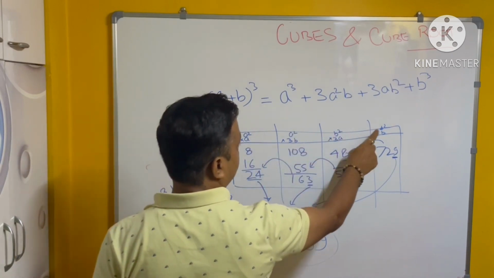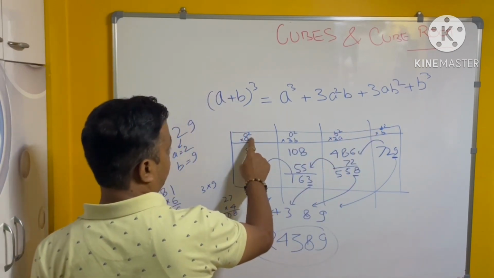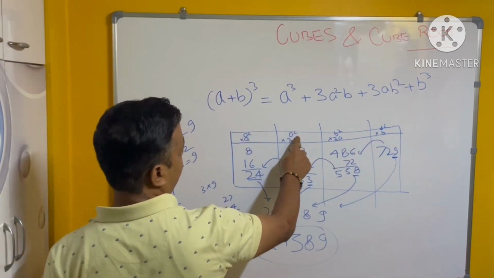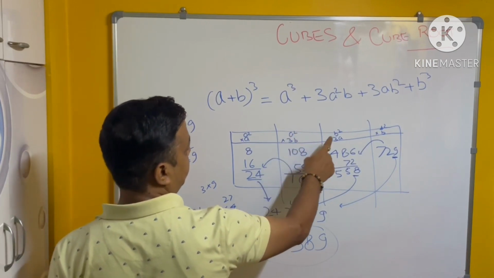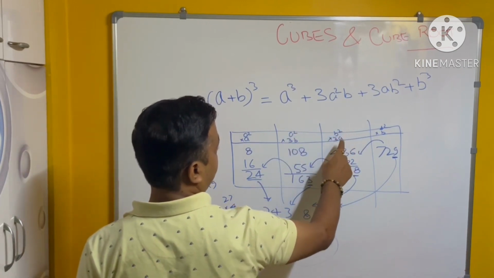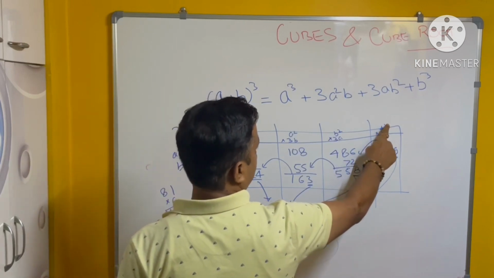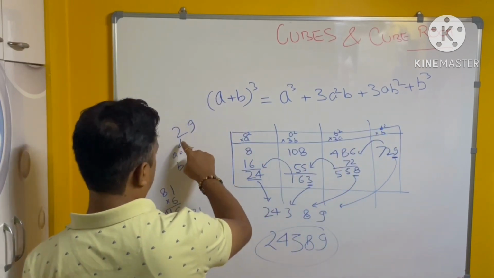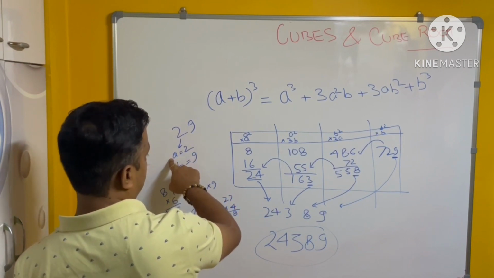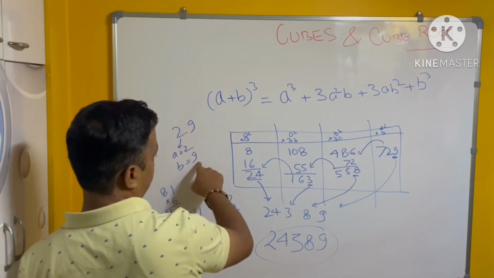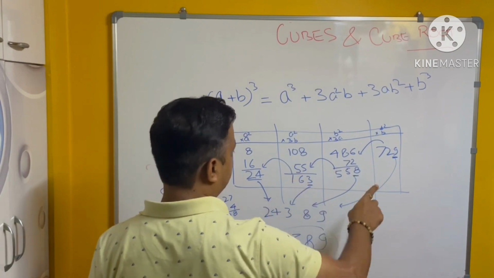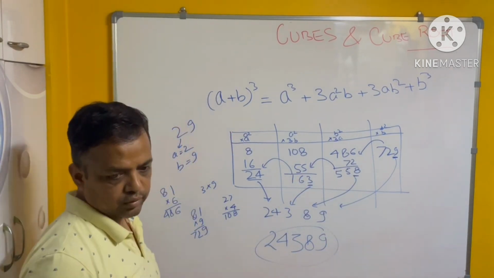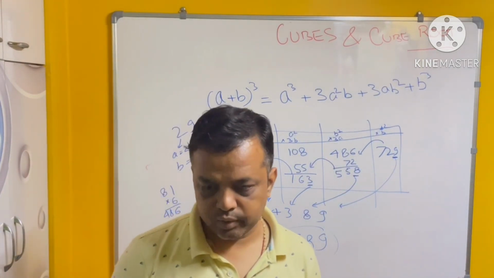4 columns: first column a square into a, second column a square into 3b, third column b square into 3a, fourth column b square into b. Evaluate a equals this and b equals this, and do this, right?